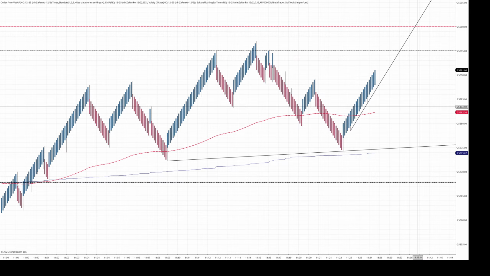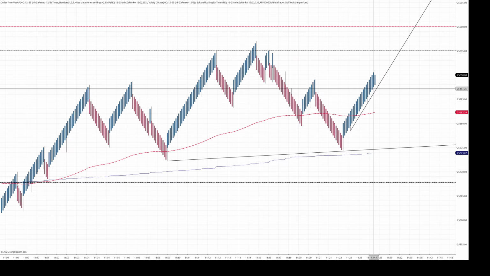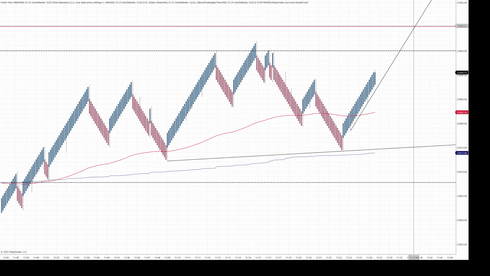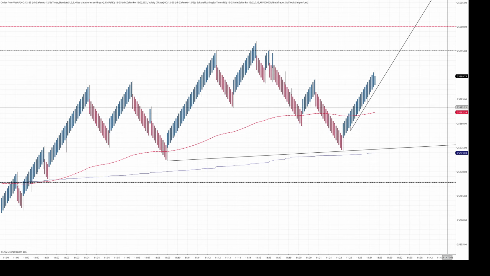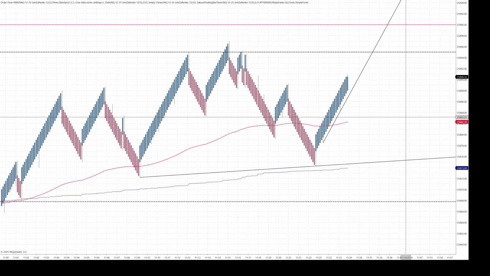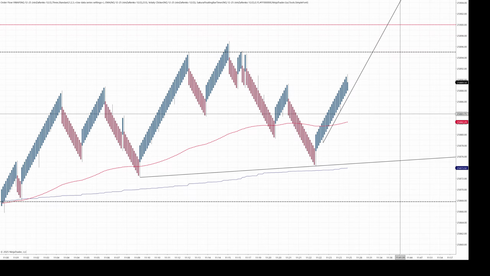At this point, I would love for it to just cleanly go all the way up to 900 and fail underneath this trend line, and we can take the trade lower. We'll see if we get that look.